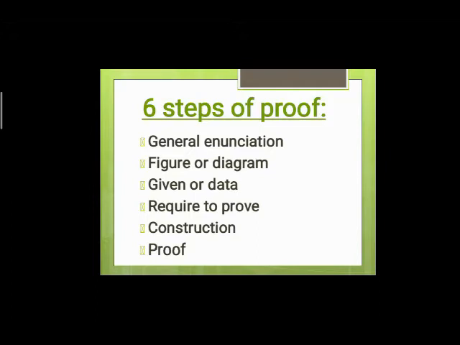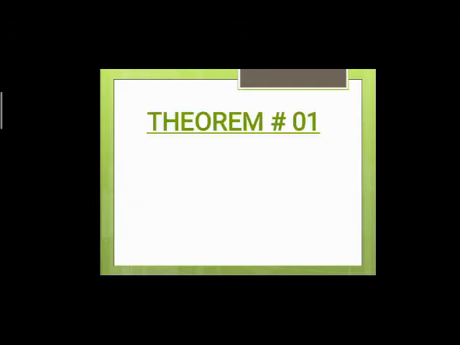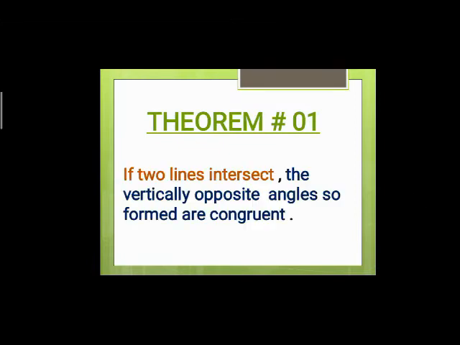Now we move towards our first theorem, that is theorem number 1. The statement of this theorem is, if two lines intersect, the vertically opposite angles so formed are congruent. Hopefully you all understand. Now we move towards our diagram. Here we have a line segment AB and the line segment PQ.